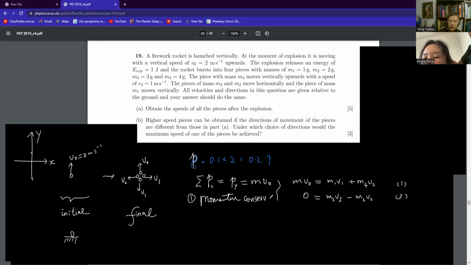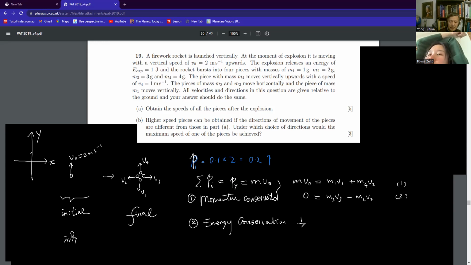Another formula we can use is energy conservation. So how much energy initially? The explosion releases energy. Initial is the kinetic energy.